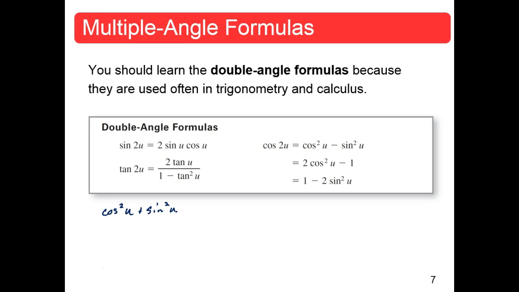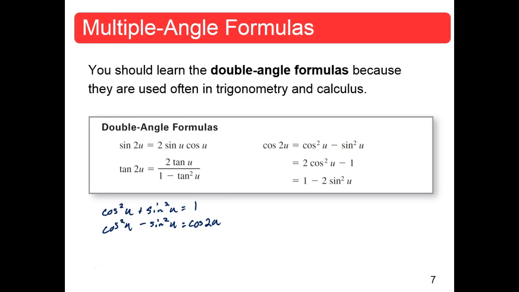That's the same as sine squared plus cosine squared, right? That's equal to, Pythagorean identity, it's always equal to 1. And here we have cosine squared u minus sine squared u is equal to cosine 2u. I just reversed the order of the equality. But that's fine, right?